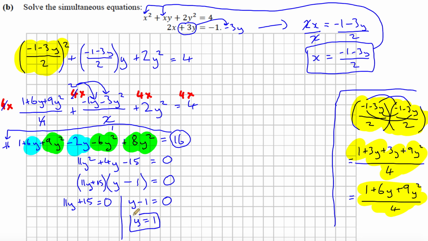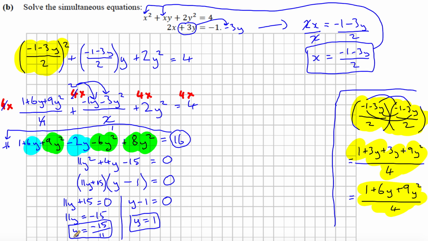There's one value of y. And if 11y plus 15 is 0, I'll bring the 15 over. Leaves me with 11y is equal to minus 15. So y would be equal to minus 15 over 11, dividing both sides by 11. That's my other value of y.